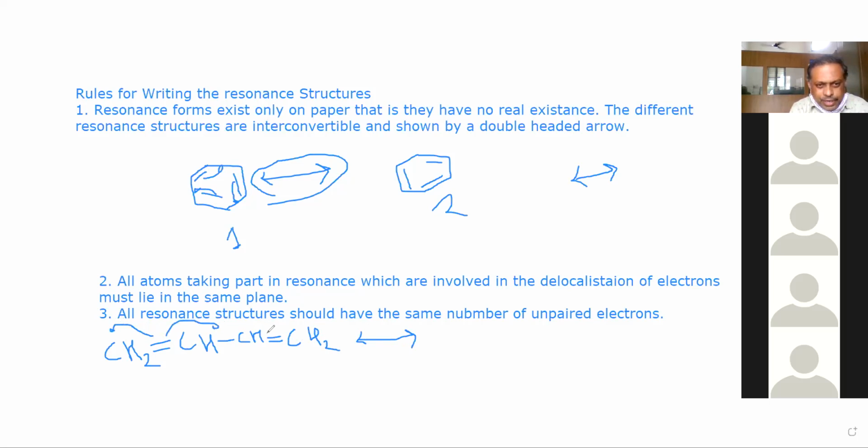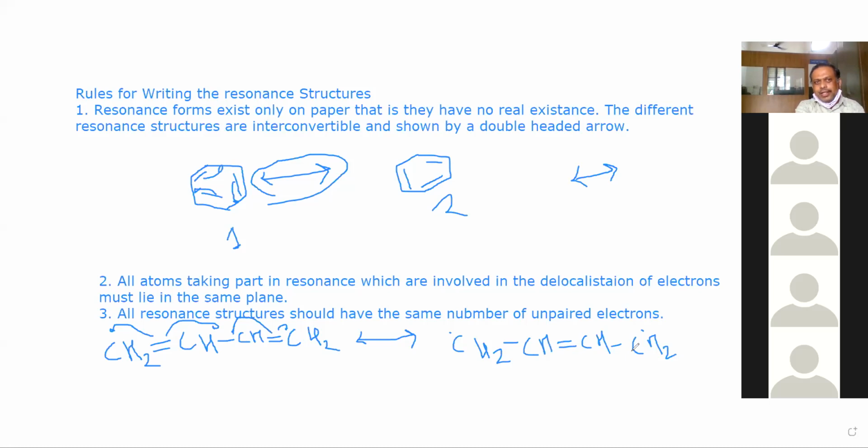We break this pi bond and we generate a double bond like this: CH2 dot, CH double bond CH, and CH2 dot. We can see they have the same number of unpaired electrons. इथे total दोन्हीकडे एक unpaired electron आहे. This is rule number 3.